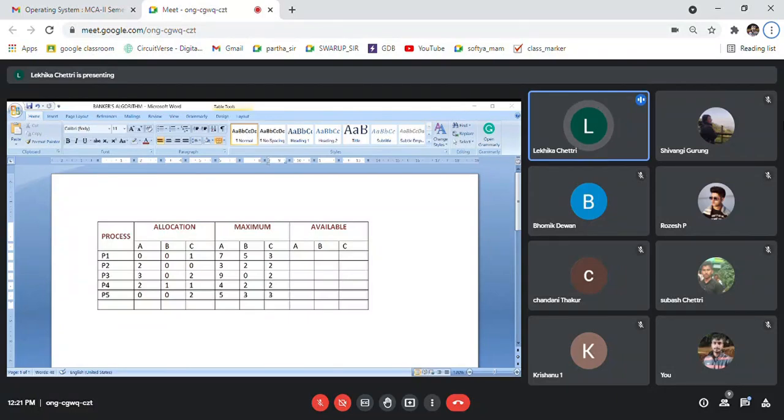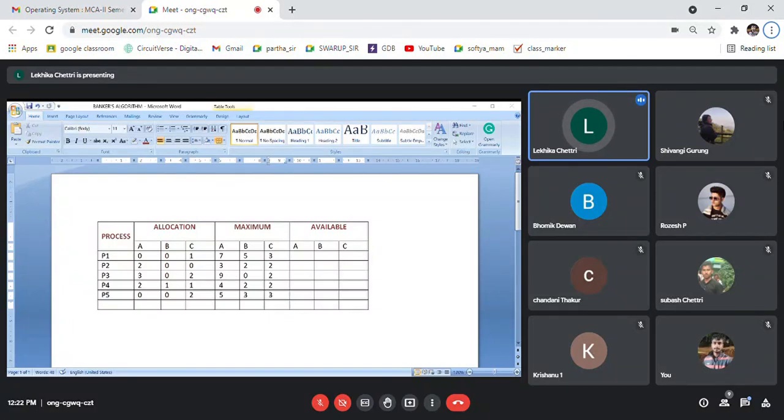Now if we execute p0, then p4, and then come back to p1, and then from p1 to p2, and then from p2 to p3, and after executing the processes in such a way, all of them get the resources and all of them can complete their task, that means this sequence of execution, p0, then p4, then p1, then p2, then p3, is the safe state.